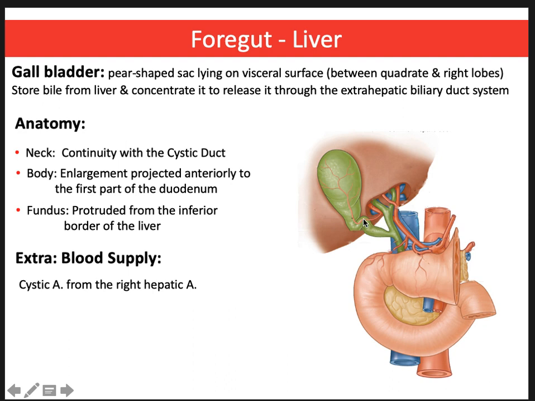And just a little thing to add here is that from the right hepatic artery, right here, you'll have a little branch that will extend and vascularize the gallbladder. So again, all those tiny little branches here, you also have the right gastric artery. They are described in this course the way they are usually found, but there are so many variations.